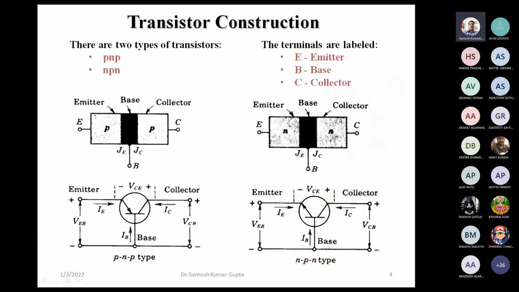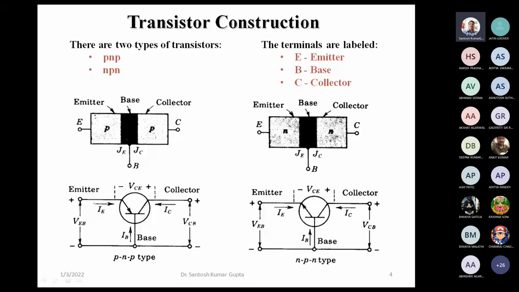So today we have tried to understand how the transistor looks. The transistor has three regions, mainly emitter, base, and collector.